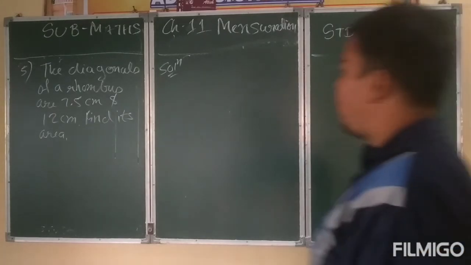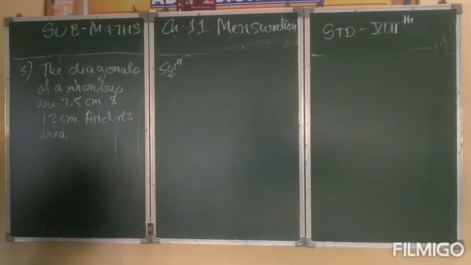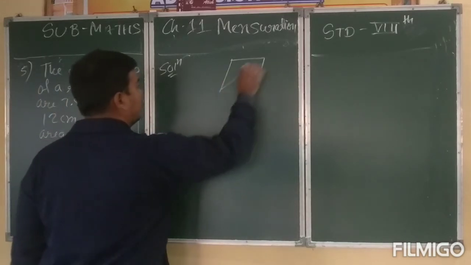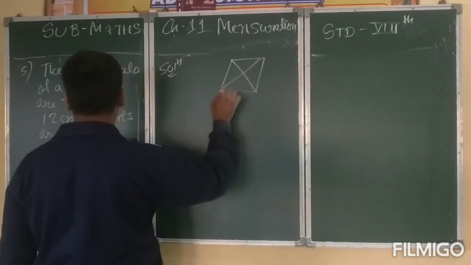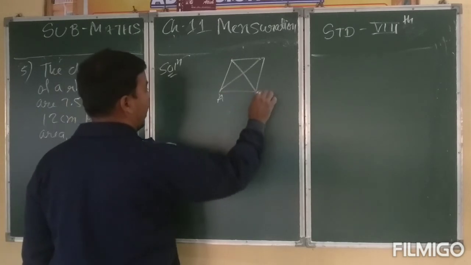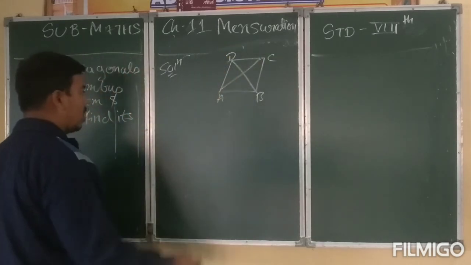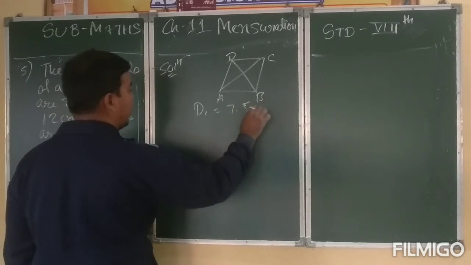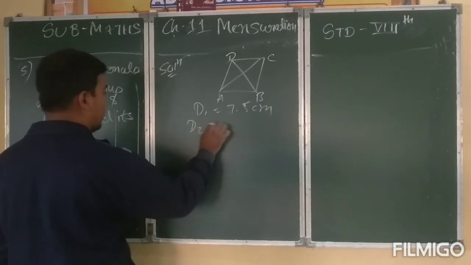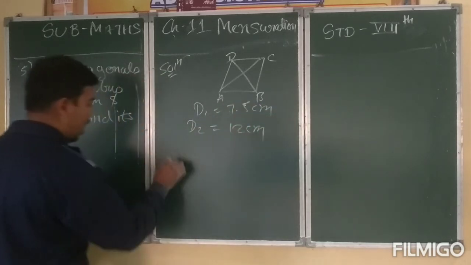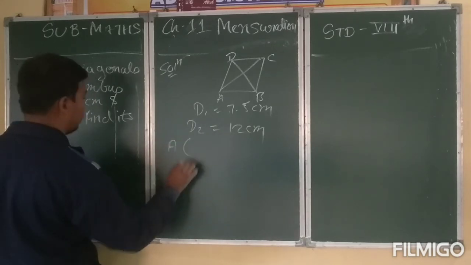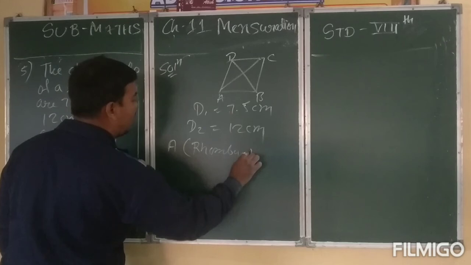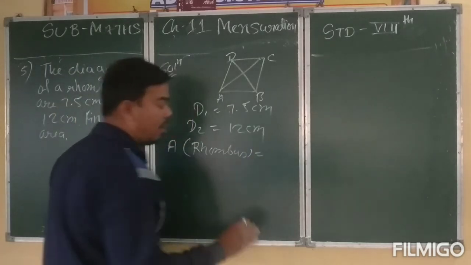Okay. So here is question five. The diagonals of a rhombus are given. Suppose the rhombus is like this figure, A, B, C, with two diagonals. One diagonal is 7.5 centimeter, and the second diagonal is 12 centimeter. We find the area of the rhombus. For the area of a rhombus, I said there are two formulas.